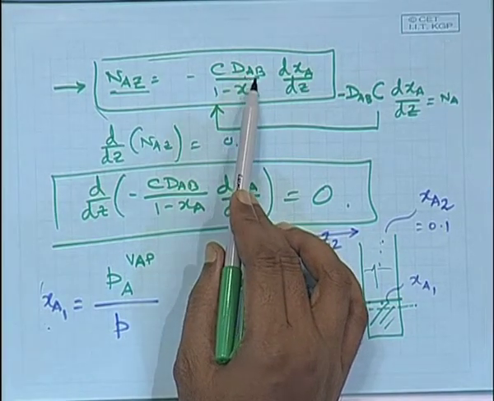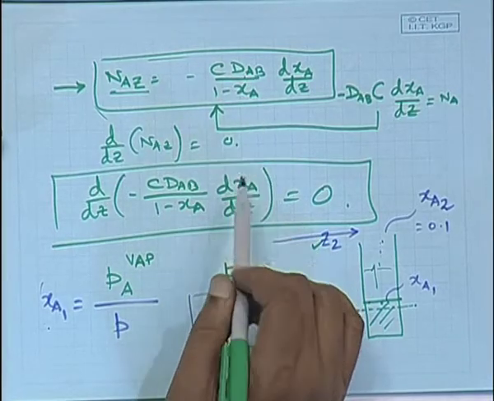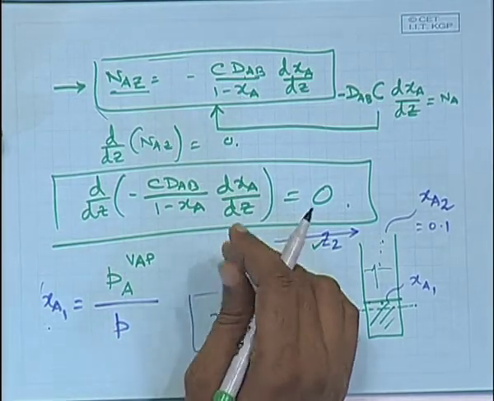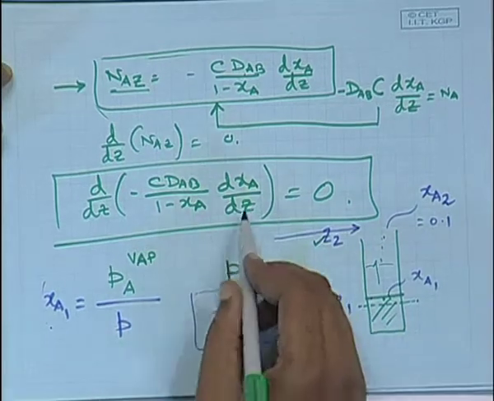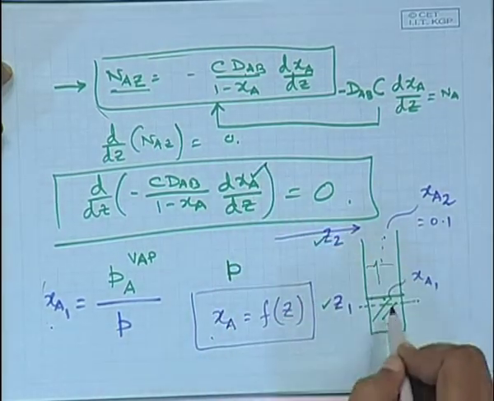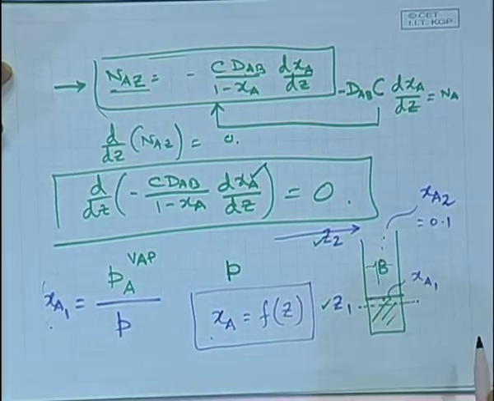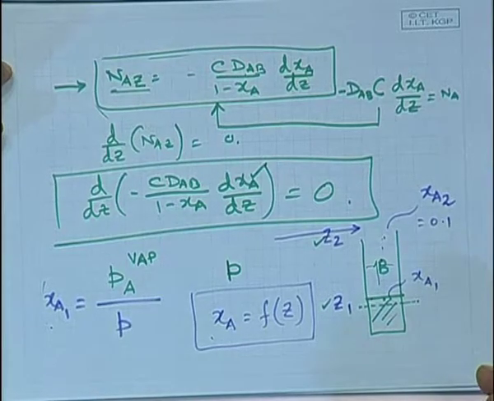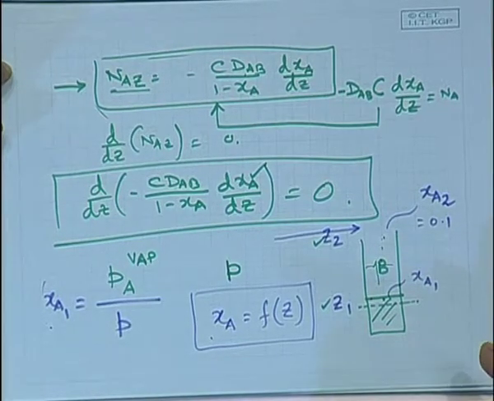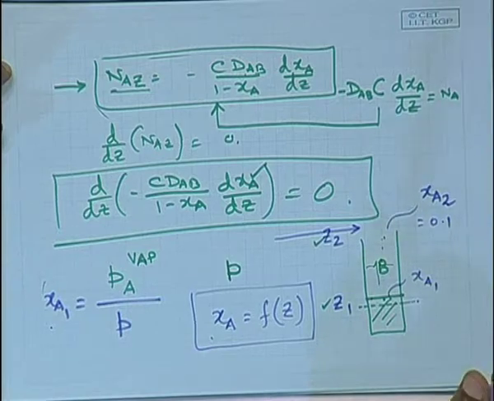So, this is an experimental way to determine the diffusion coefficient of A in B. This way you can find out gas diffusivities between a pair of gases. You can have air in there and find out the diffusivity of benzene through it, or any combination possible.